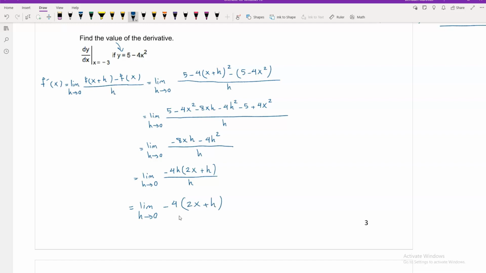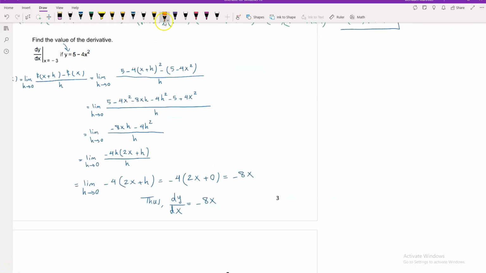Now instead of h, we have to use 0. So -4 times 2x plus 0. And that is -8x. So here is our answer for this part.